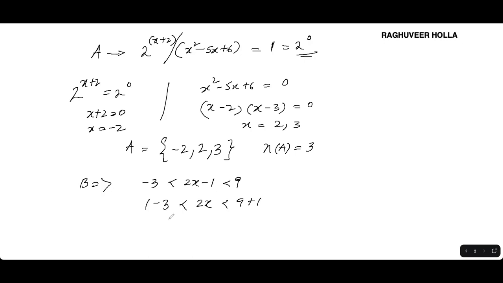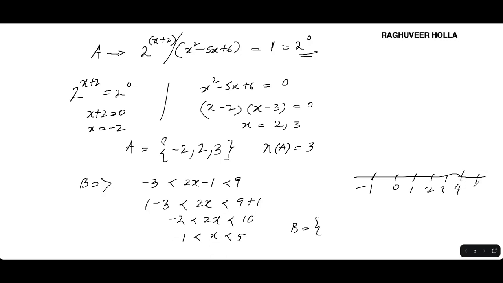So this becomes minus 2 less than 2x less than 10, and when you divide by 2, this is minus 1 less than x less than 5.